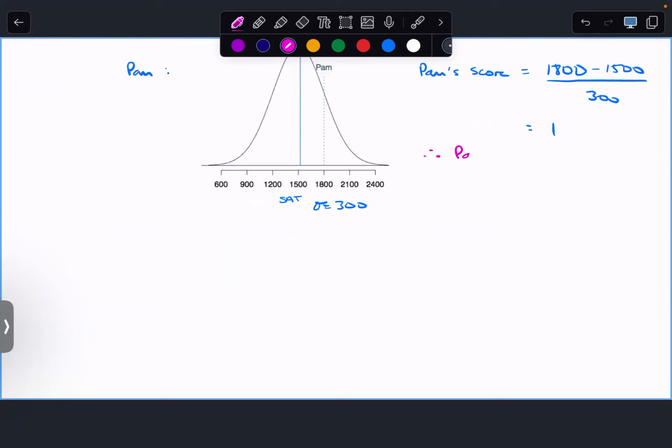Therefore, Pam's score is 1 standard deviation above the mean.